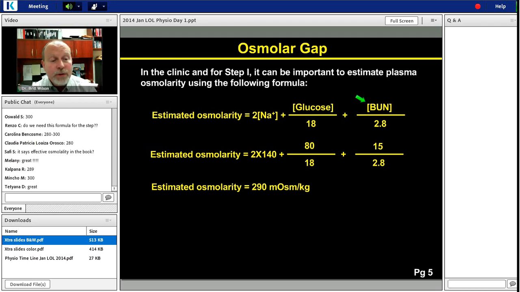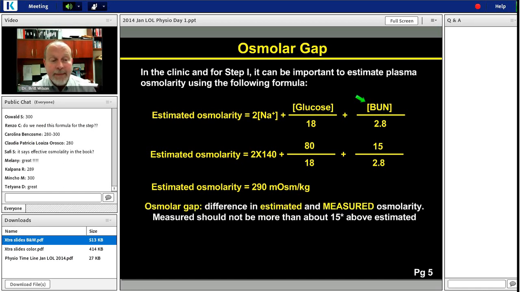Now, what you're doing with that is estimating the plasma osmolality. You then compare it to what's measured, and that's where we get the osmolar gap. It's the difference between what you estimate from a patient's data and what's measured from the patient's blood, from the plasma.